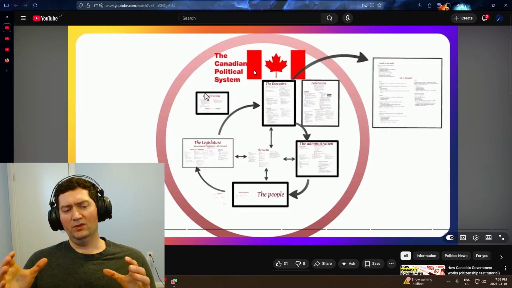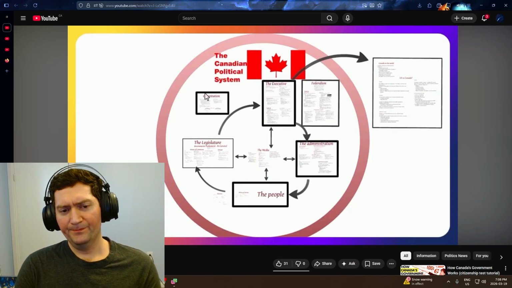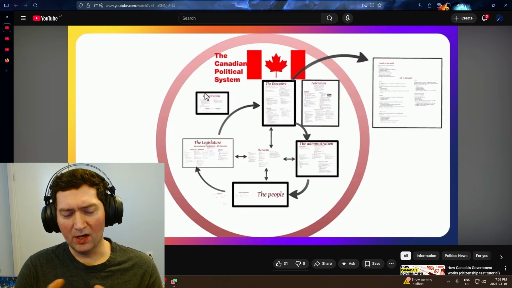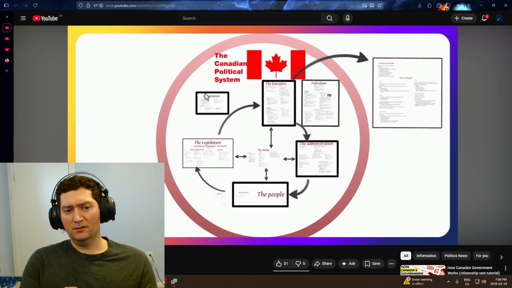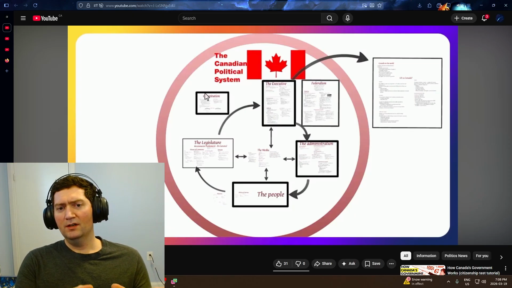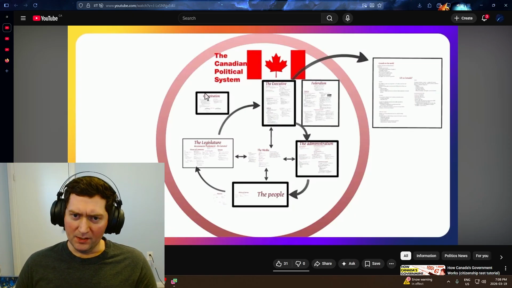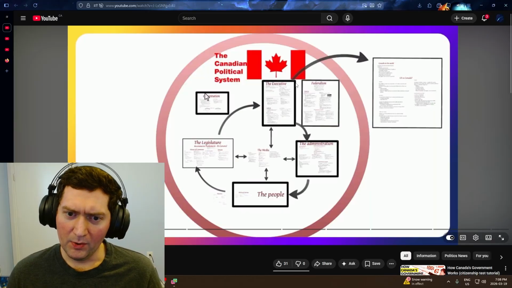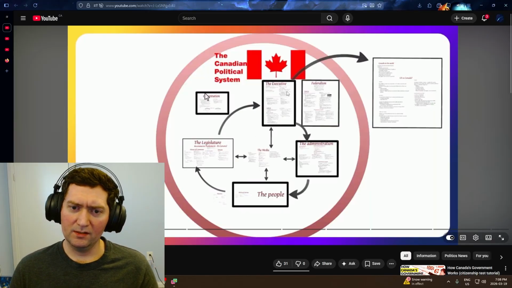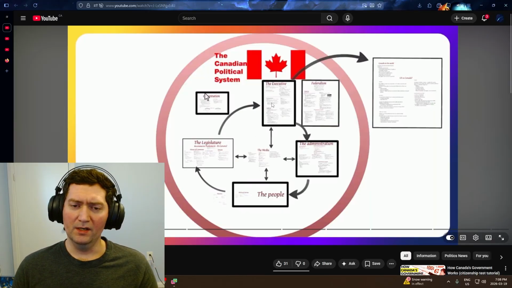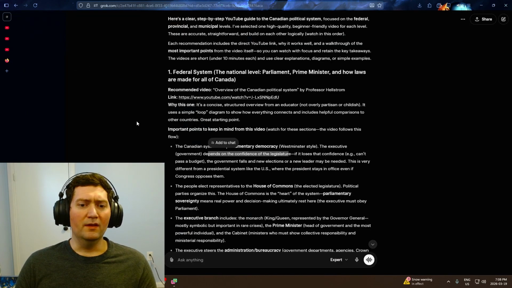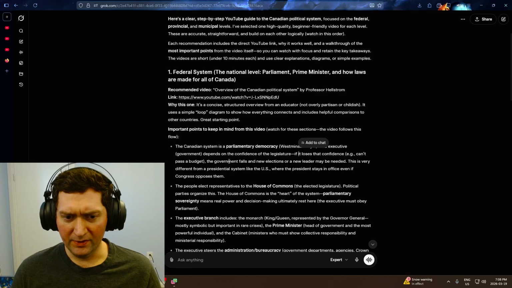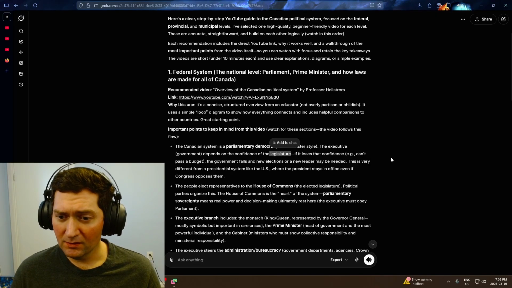So you elect people to go to the House of Commons for you, and the current ruling party in the House of Commons, the legislature, then puts forward the prime minister, and the prime minister selects all the other ministers, and they are the ones that put forward things like the budget.